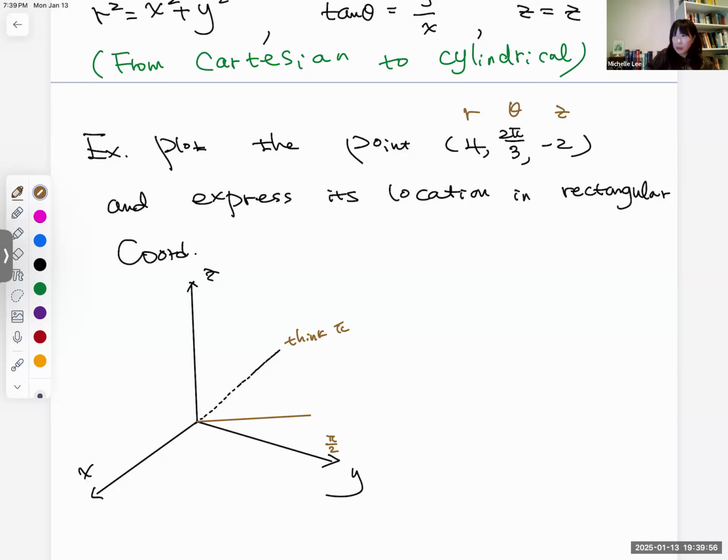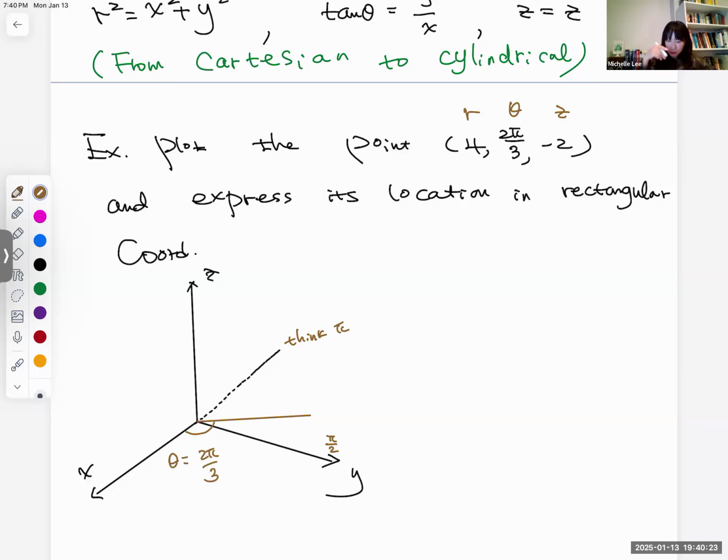So let's measure the radius equal to 4, approximately 1, 2, 3, 4, right? Then theta equals 2 pi over 3.